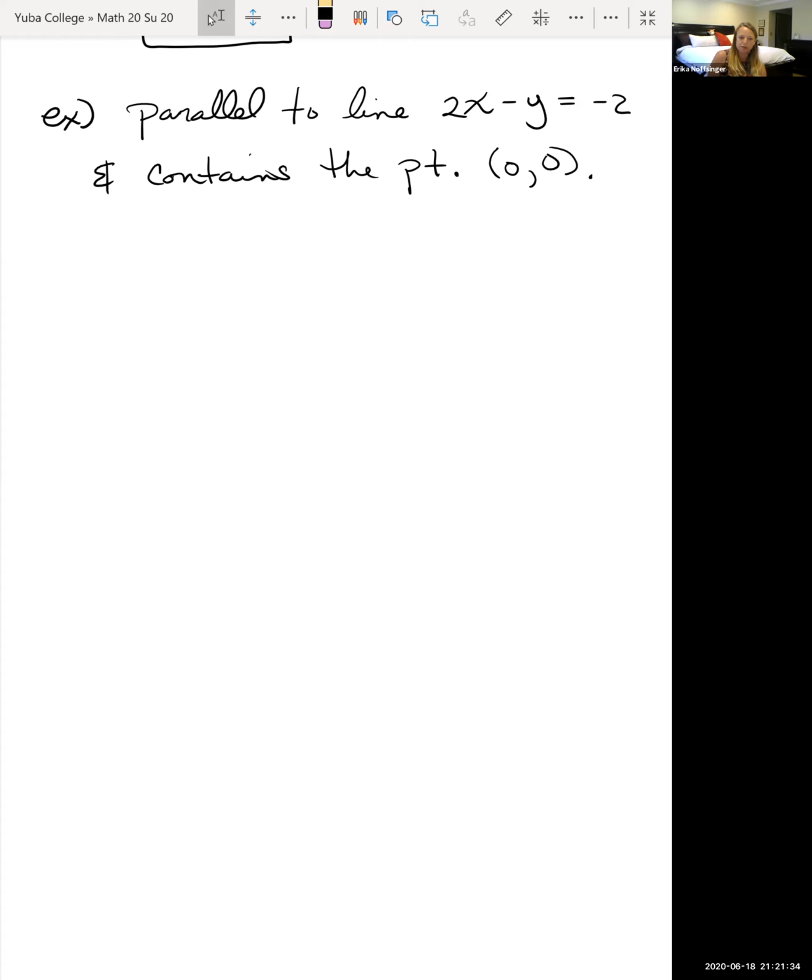I'm answering my own question. So we need to find the slope of the following line, because we know that parallel lines have the same slope.